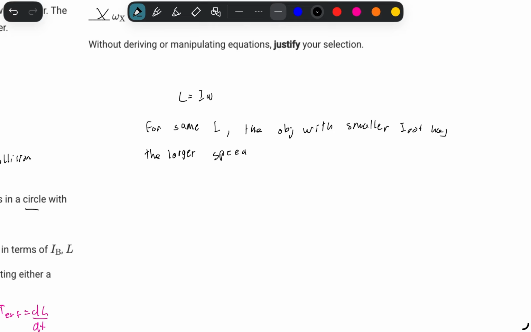It makes sense because if you hold L constant and decrease I, omega has to increase to compensate. For example, if you have a really low I, like 1, and you still want your whole angular momentum to equal 10, you're going to have to multiply by 10, a really large number. So your speed has to be really big to remain equal to 10.